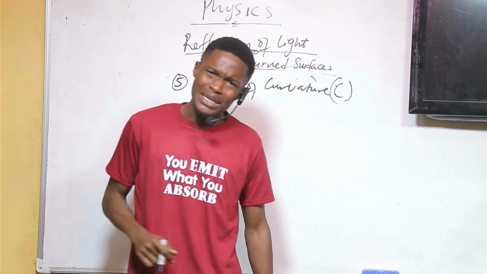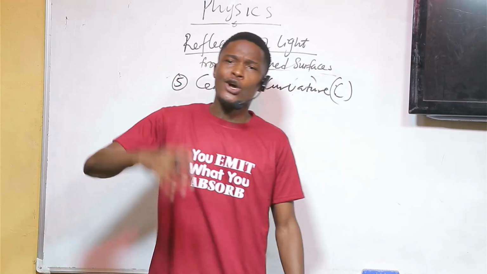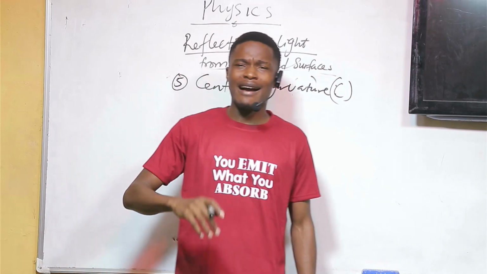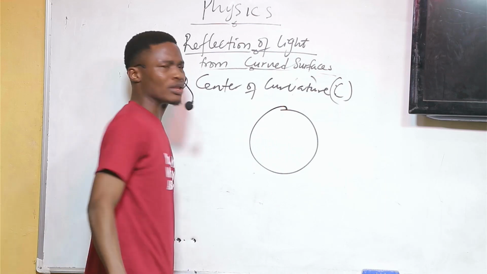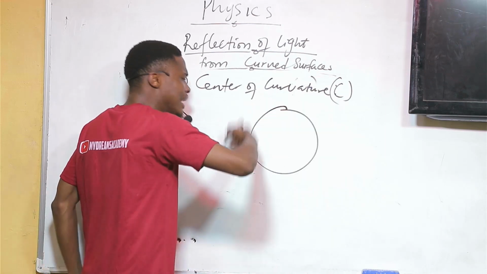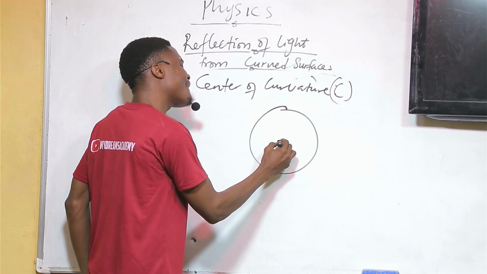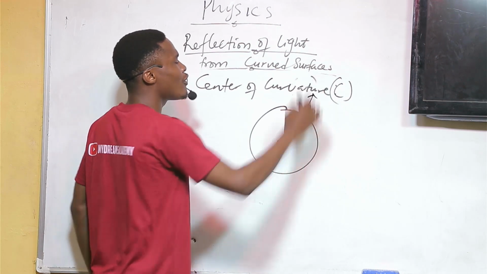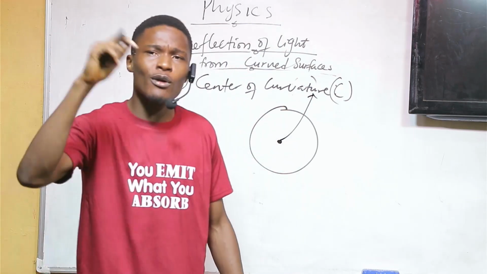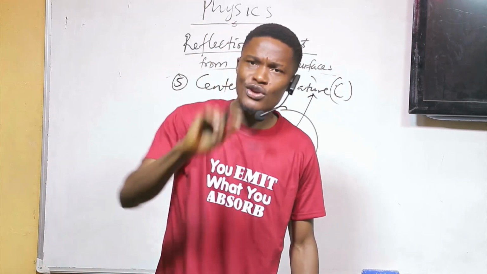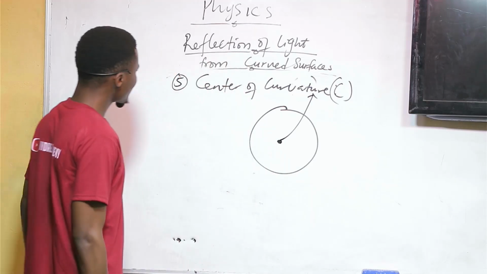Remember I told you that to make a curved mirror, you need to bring a spherical glass, that is a round glass, and you cut the portion that you need. That round glass or sphere has a center. The center of that sphere is what we call the center of curvature.